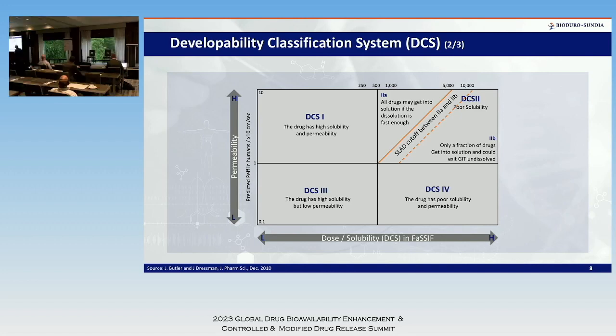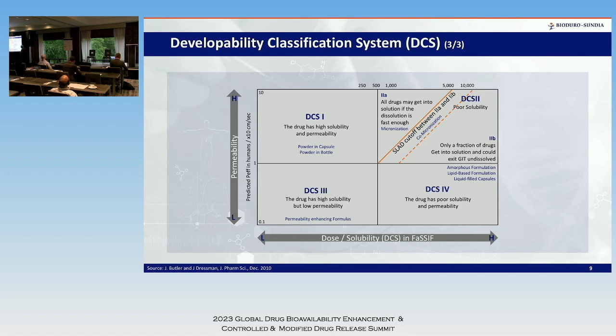And if the dissolution rate is the problem, that means you need to increase the surface area and make sure the drug is absorbed faster through the GI tract. They are not limited by solubility by itself, but by the rate of solubilization.